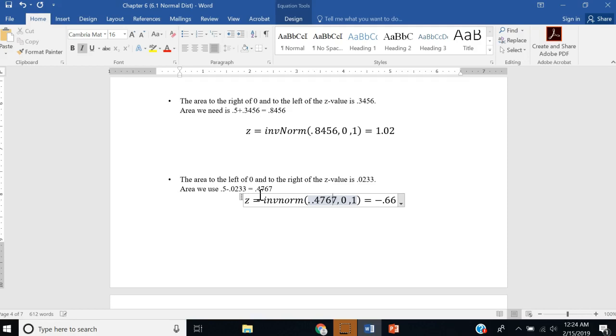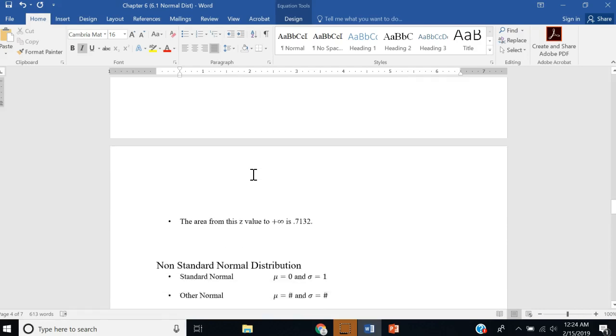We're still in the standard normal curve, so we're still using 0 as my mean and 1 as my standard deviation. When I get that out, the z-score is negative 0.06. Notice that that was very, very close to the average. The average on a standard normal curve is 0. So that's how we find those z-values.